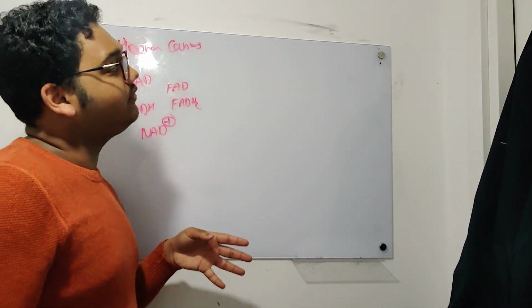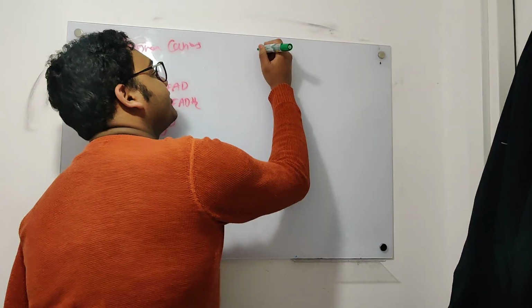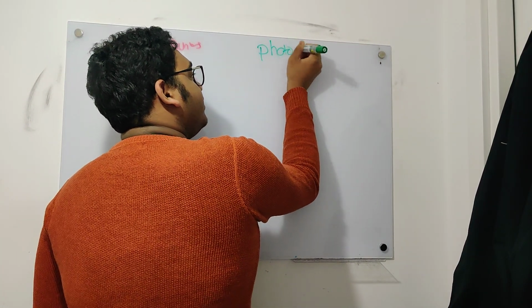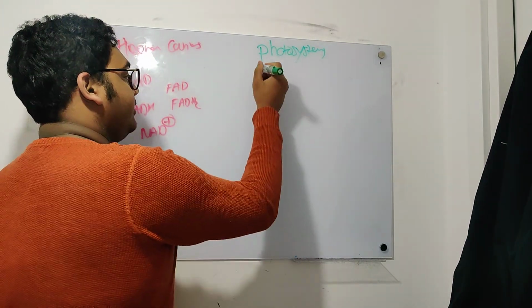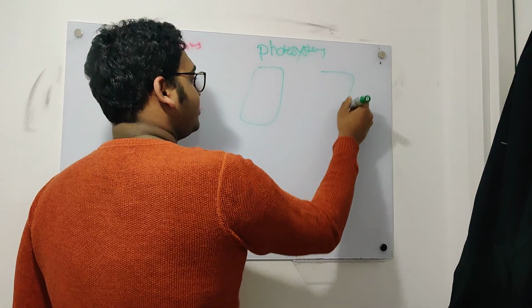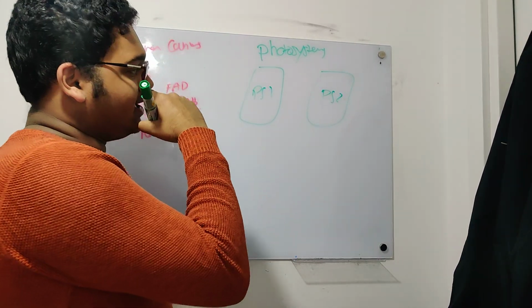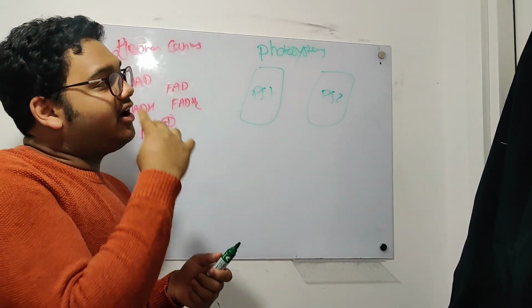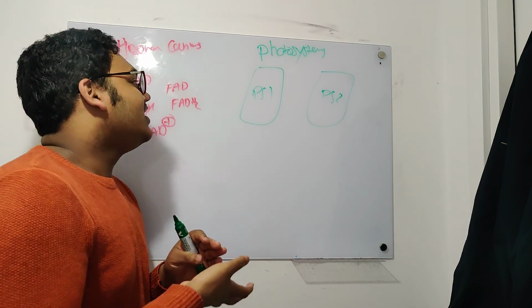Now, more specifically relating to this video, the light-dependent reactions, we're going to talk about something called photosystems. I'm going to draw two photosystems here. I'm going to call this one photosystem 1 and this one photosystem 2. The way I like to think of photosystems is as condensed chlorophyll.